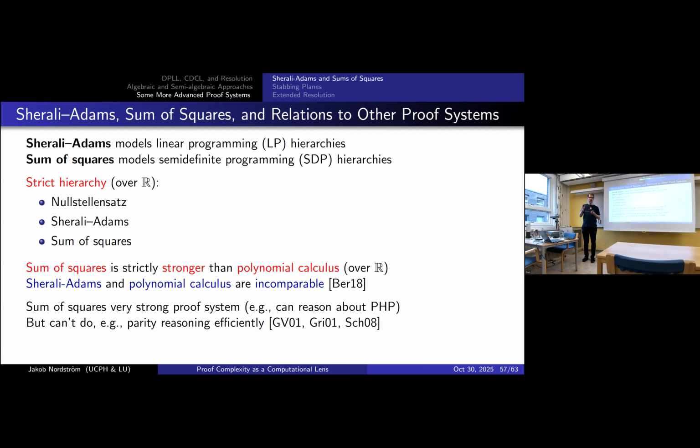So it's like sum of squares really captures most of what we know about state-of-the-art approximation of NP-hard problems, at least on the theory side, except that there are some blemishes. For instance, sum of squares cannot do parity reasoning efficiently. It really sucks at Tseitin formulas.